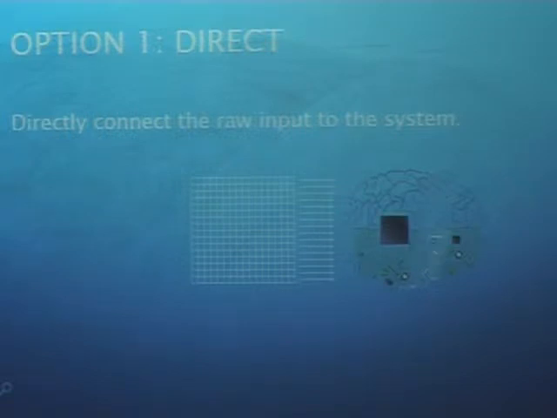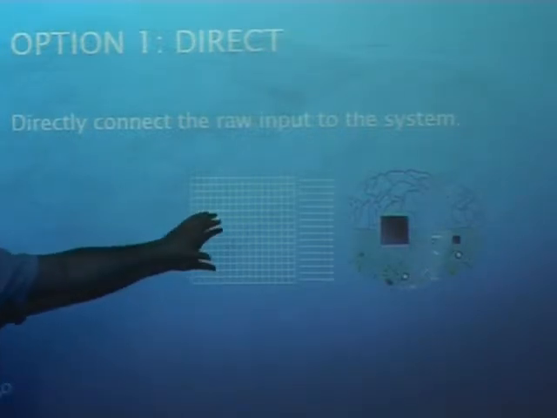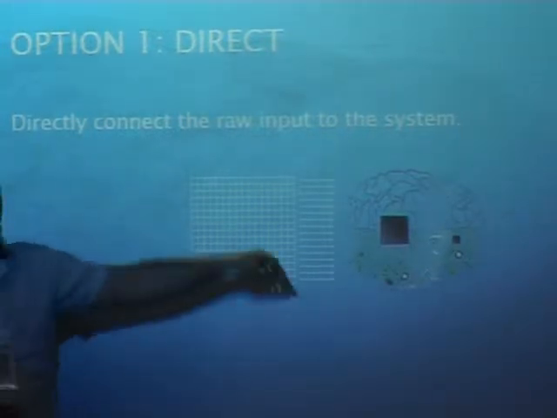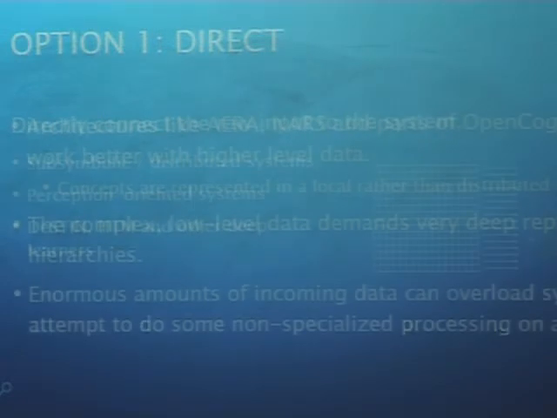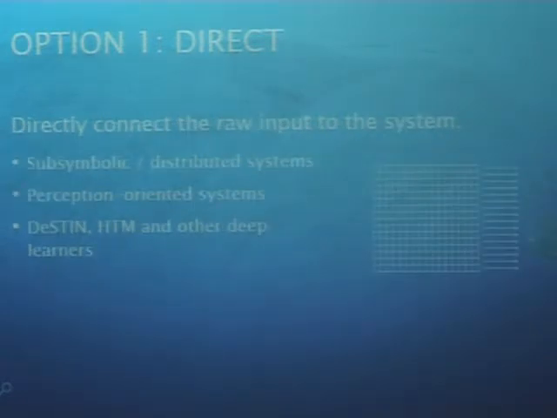Okay, so the first one is really the most obvious one. It is to just directly connect the pixels, which are on the left here, to our AGI system, which is on the right. Well, this obviously has the problem that I just mentioned, right? Although there are actually systems that are pretty good at this.